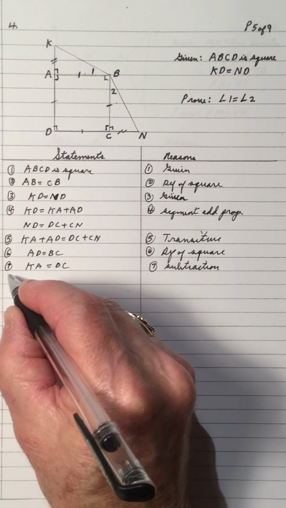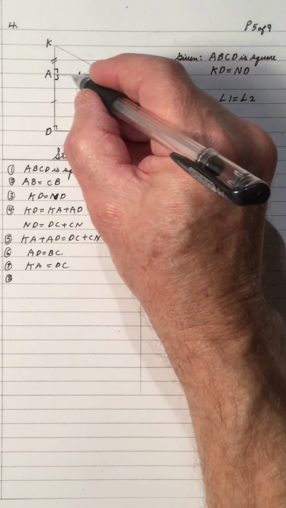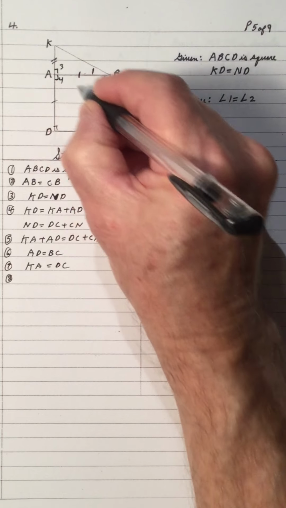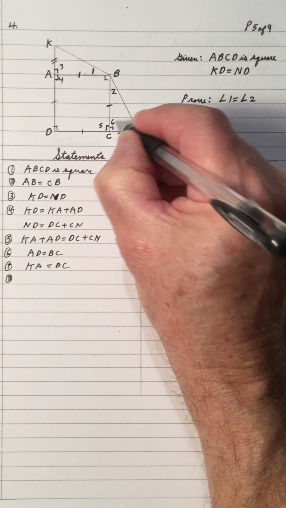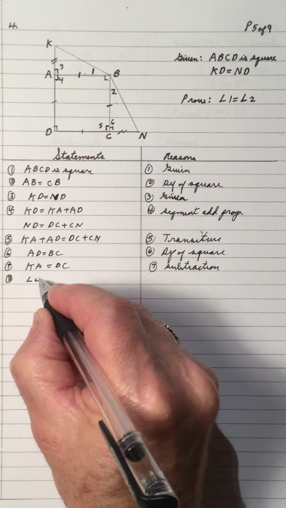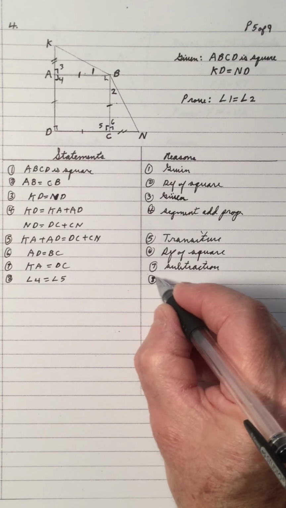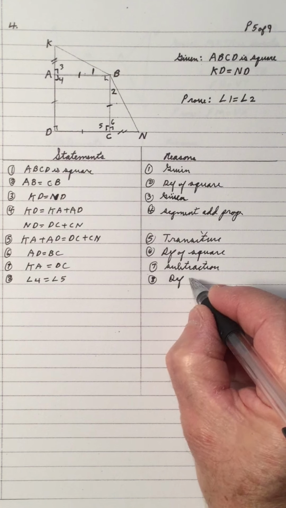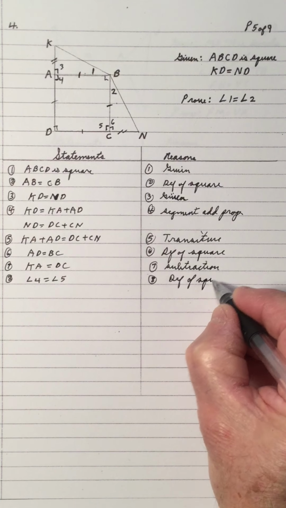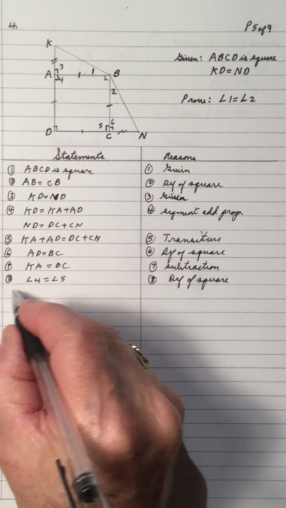Oh, here we go. We need the right angles. So let's put 3, 4, 5, and 6. So angle 4 is equal to angle 5, by the definition of a square, which means we have all right angles.